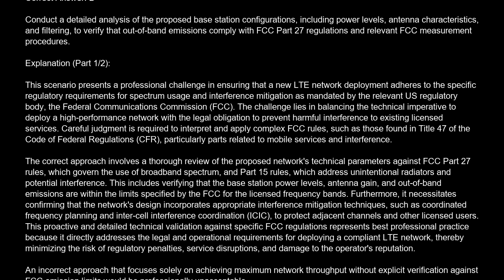This proactive and detailed technical validation against specific FCC regulations represents best professional practice because it directly addresses the legal and operational requirements for deploying a compliant LTE network, thereby minimizing the risk of regulatory penalties, service disruptions, and damage to the operator's reputation. An incorrect approach that focuses solely on achieving maximum network throughput without explicit verification against FCC emission limits would be professionally unacceptable.